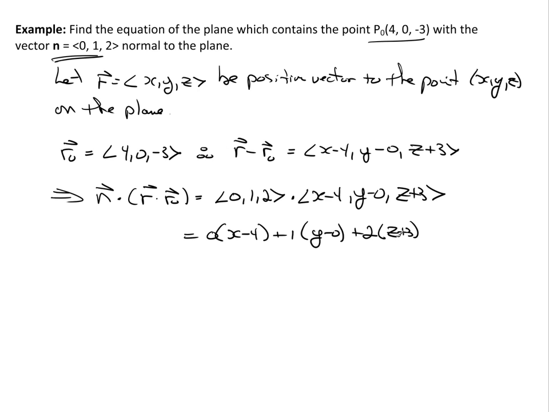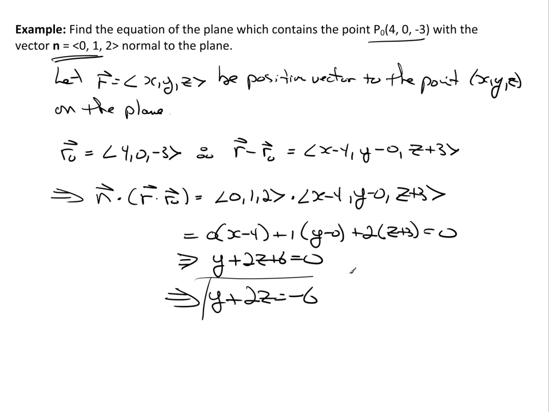And of course, that has to be equal to 0. So this gives me y plus 2z plus 6 equals 0, which gives me y plus 2z equals negative 6. And that is actually the equation of the plane that is defined by this initial point on the plane and this vector, which is normal to the plane.